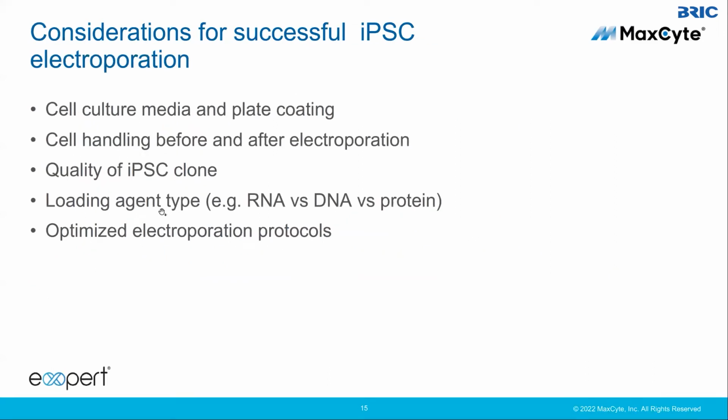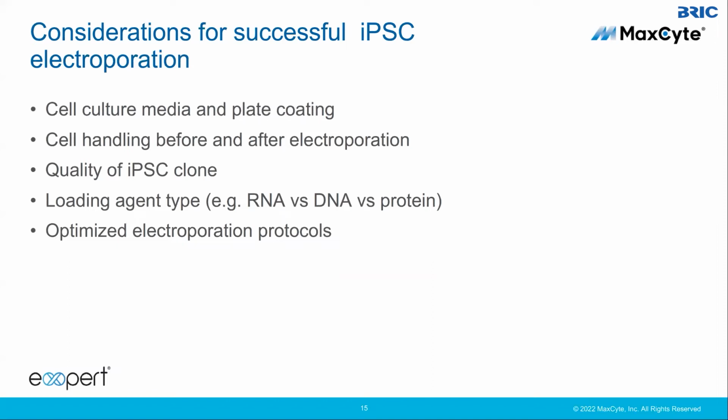So I'd like to go into some considerations for successful iPS cell electroporation. And one important consideration, and I found this from personal experience, is the plate coating being used during culture, and usually that comes with a combination of media being used. Depending on how strongly adherent the cells are to the plate, usually can help predict how robust they are and responsive they are to electroporation energy.